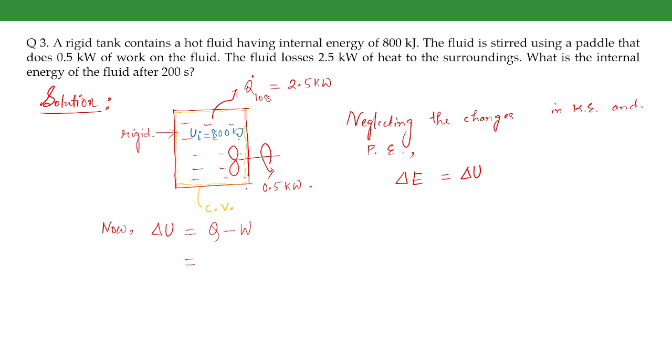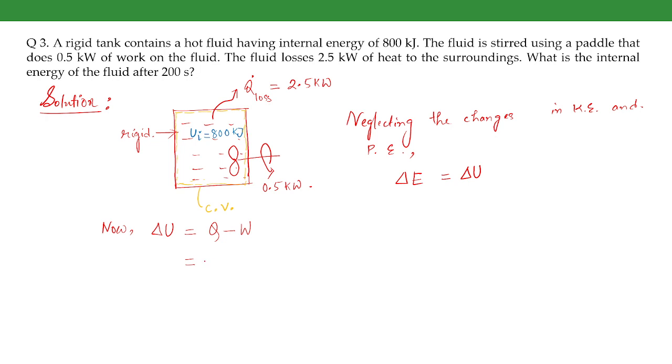It is losing heat. So from the sign convention of heat, the heat that is transferred into the system is positive, and the heat that is transferred out of the system, or heat that is being lost by a system, is taken as negative.